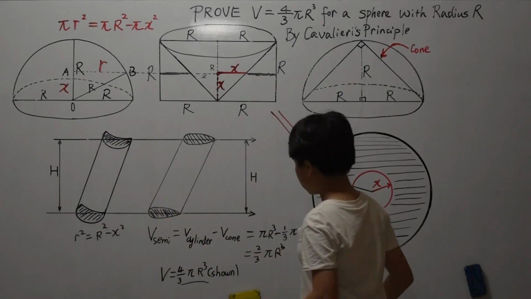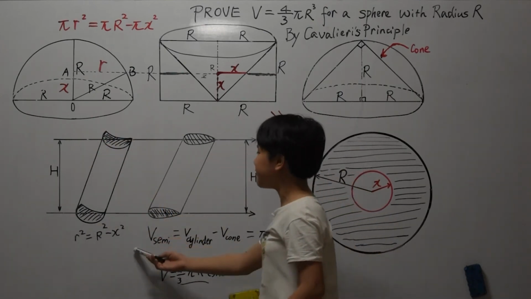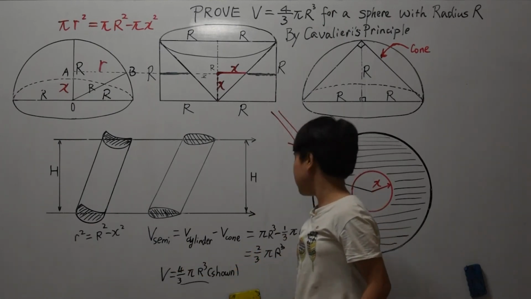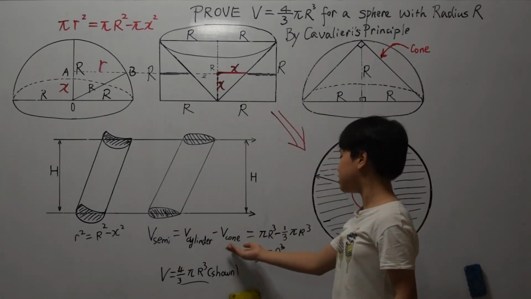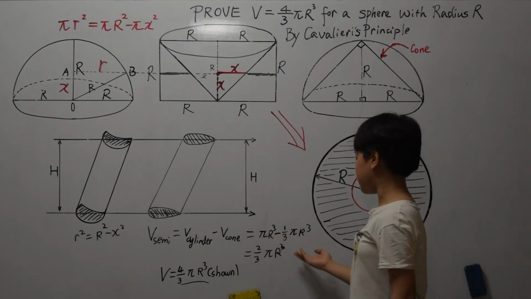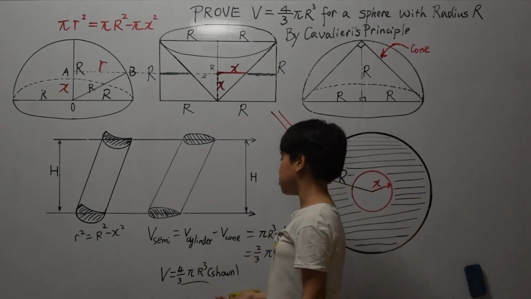If we just check the working only, it's only a few steps: you minus and times 2, and that's it.